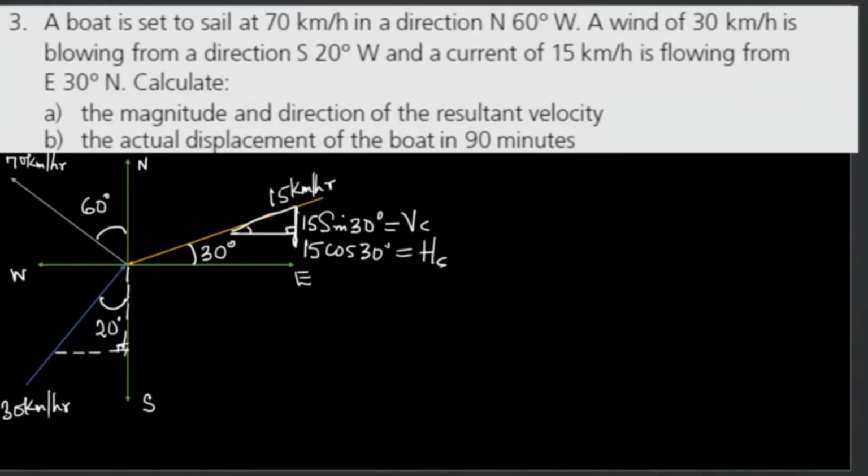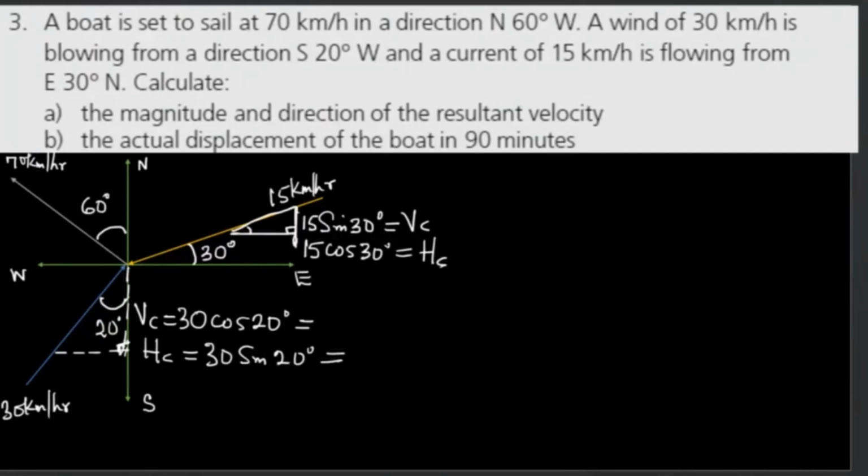With the vertical component there, this is adjacent because this is 90 degrees and this is an angle. So the vertical component is going to be 30 cos 20 degrees. Then the horizontal component is going to be 30 sine 20 degrees.